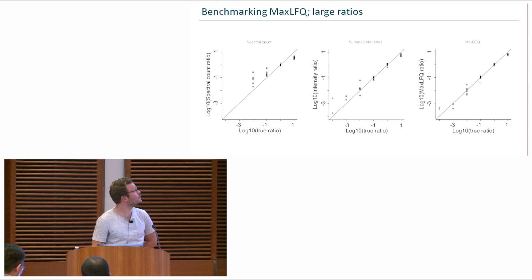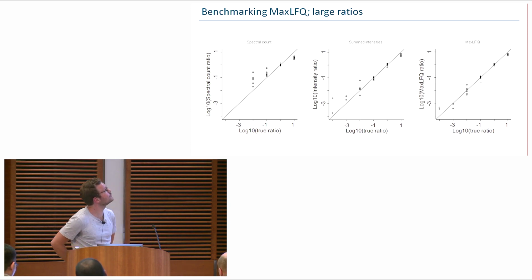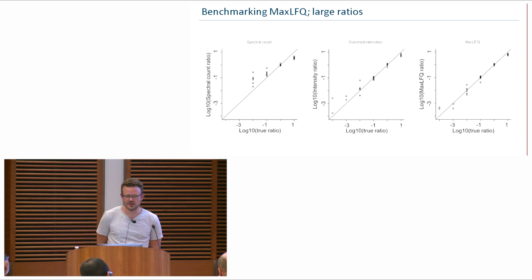This also shows a comparison for the large ratios, the MaxLFQ against the spectral counting again, and the spectral counting is actually pretty bad. What's also noticeable is that the small ratios are completely missing.